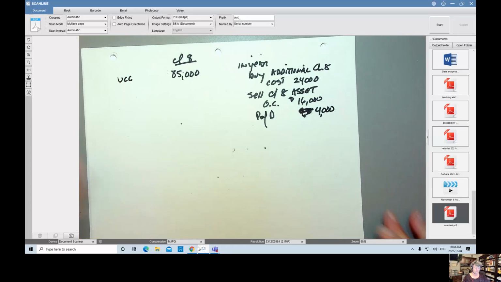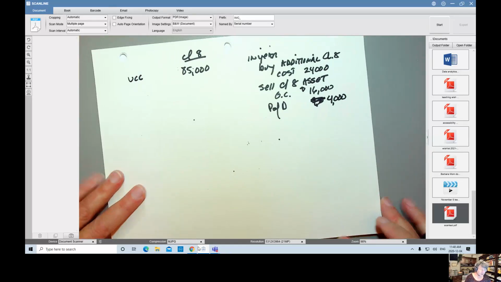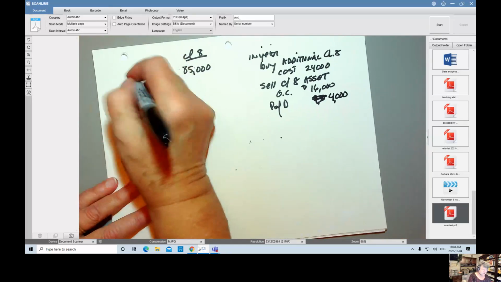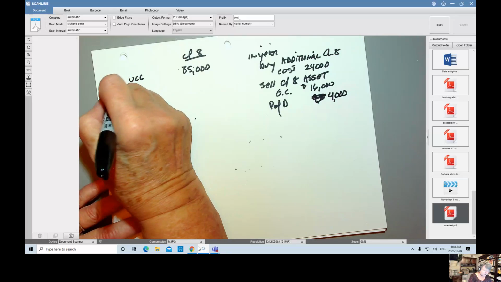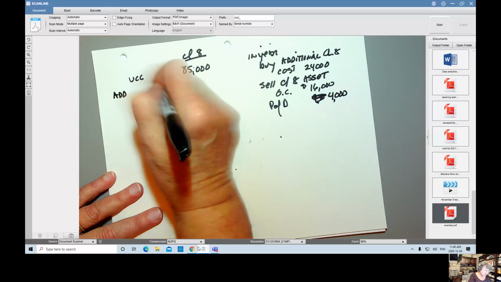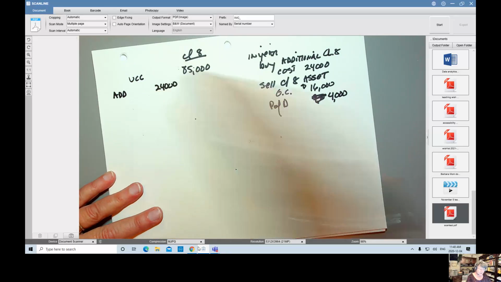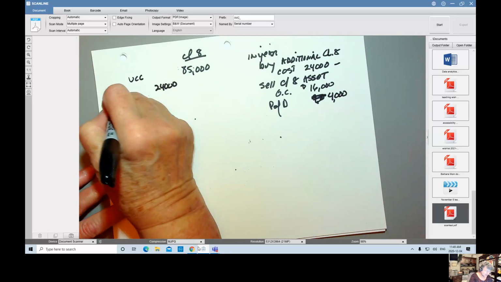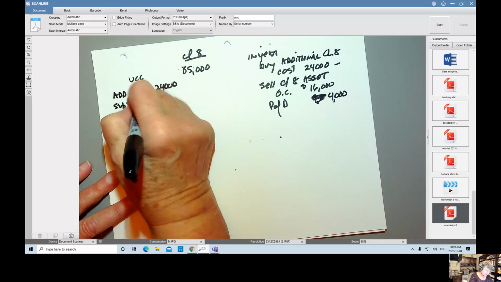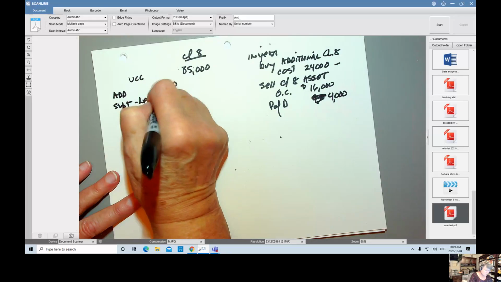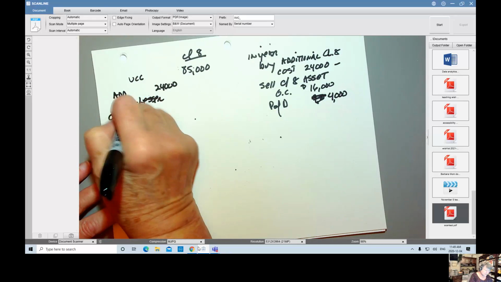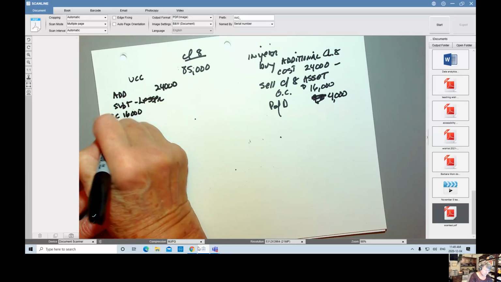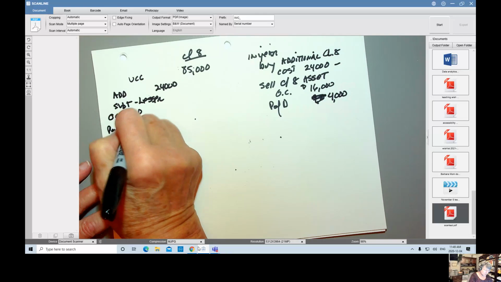All right. So what I do here is for the additions, I say, okay, we're going to add 24,000. That's my new asset. And our sale, we subtract, as always, the lesser of the original cost of 16 and the proceeds of disposition of 4.